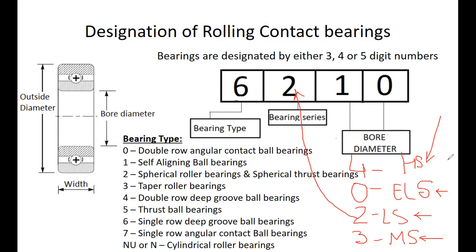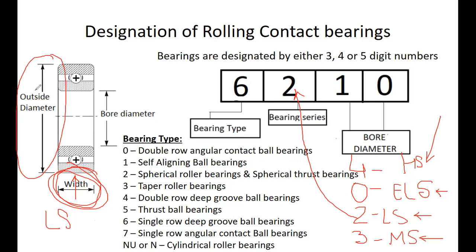It means bearing series. See guys, light series bearings have smallest bearing width. ये जो width है, right? This width which you are seeing, light series bearings have smallest width, right? Then their outer diameter, the one which you are seeing here, their outer diameter also will be small.